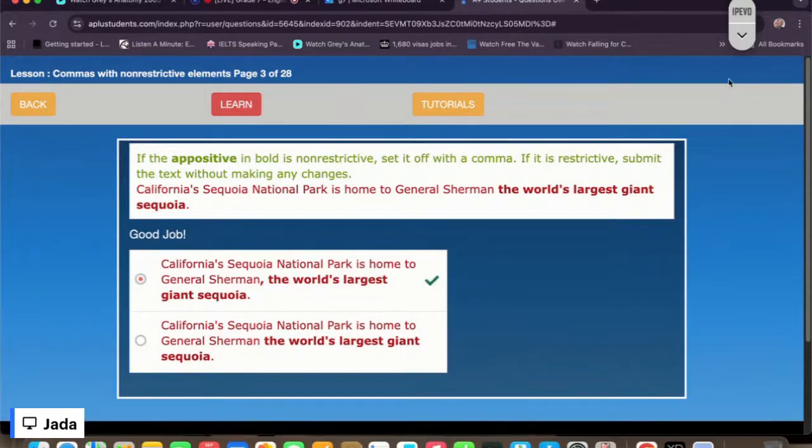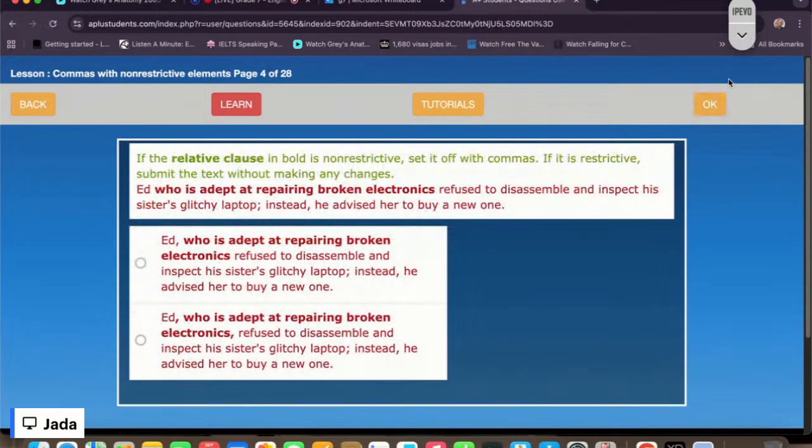Okay. Ed, who is adept at repairing broken electronics, refused to disassemble and inspect his sister's glitchy laptop. Instead, he advised her to buy a new one.